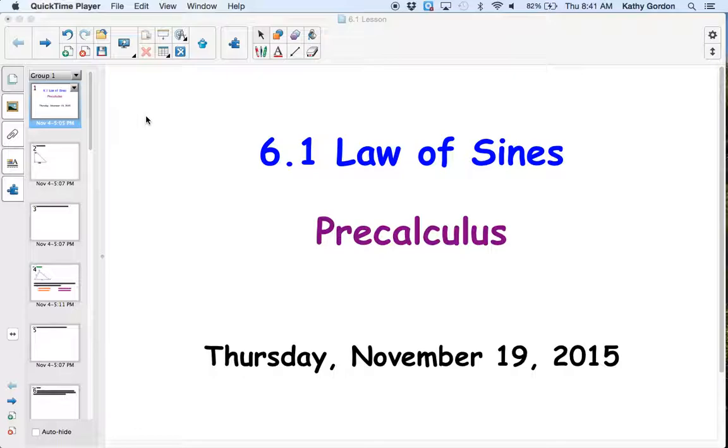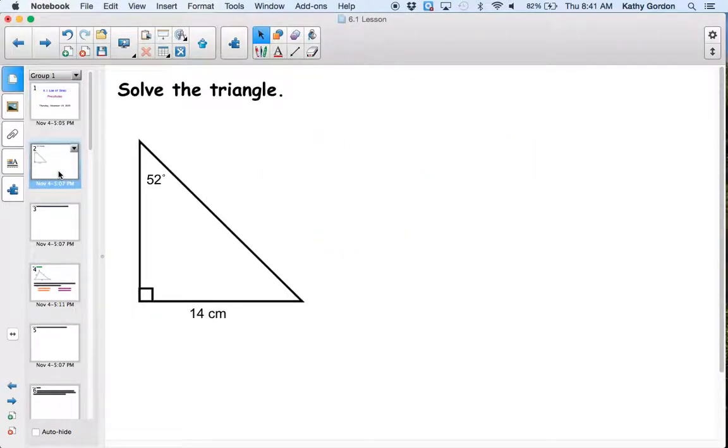So, we're starting off with this idea that we want to be able to solve a triangle. So what do you think it means when I say we want to solve a triangle? Any ideas? What do you think I'm asking you to do if I ask you to solve a triangle?